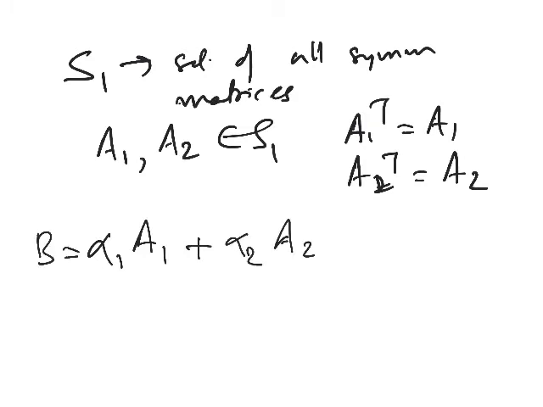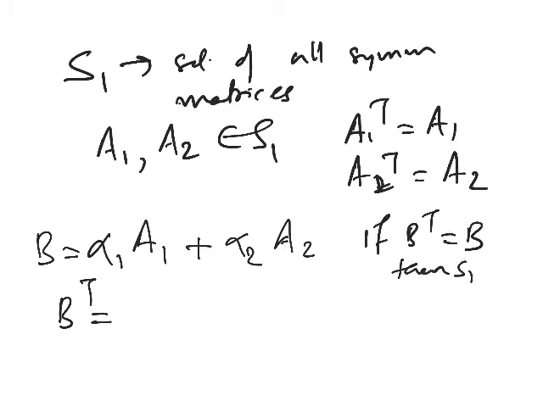B. So when can you say that this S1 is a subspace? If B transpose is equal to B, then I can say that S1 is a subspace, right? So what is B transpose here? What is B transpose?